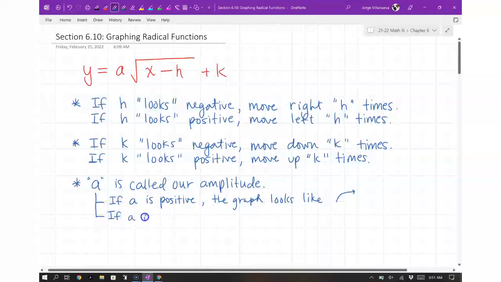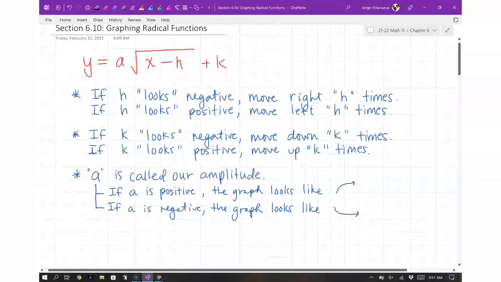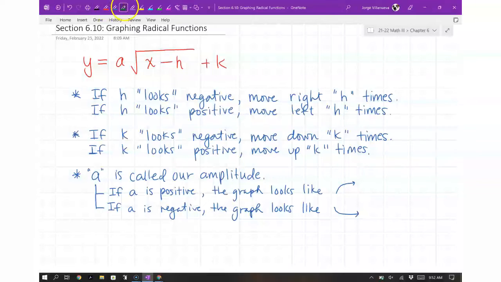so it's going to flip it over. So if A is negative, the graph looks like that. It just flips it upside down. And that's it. That's all you need to know. Okay? Now, HK, we're going to call it our origin.